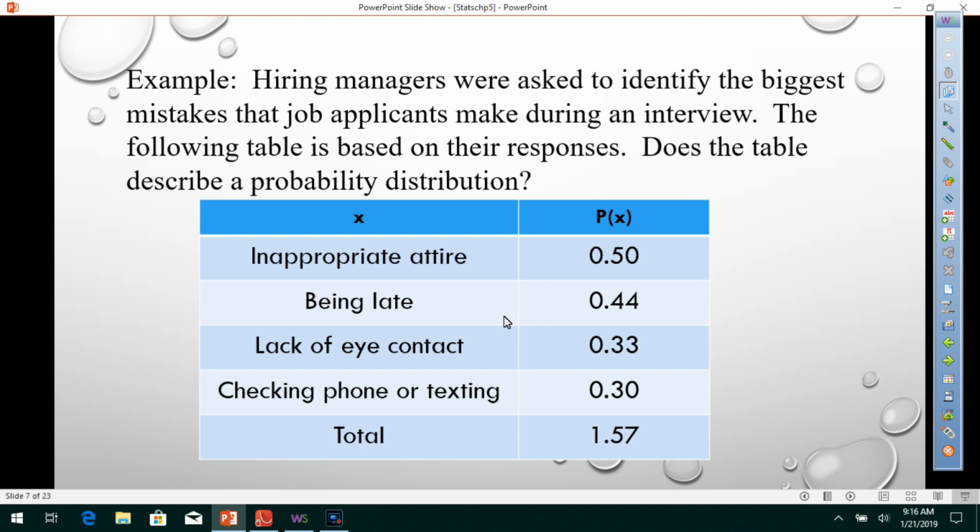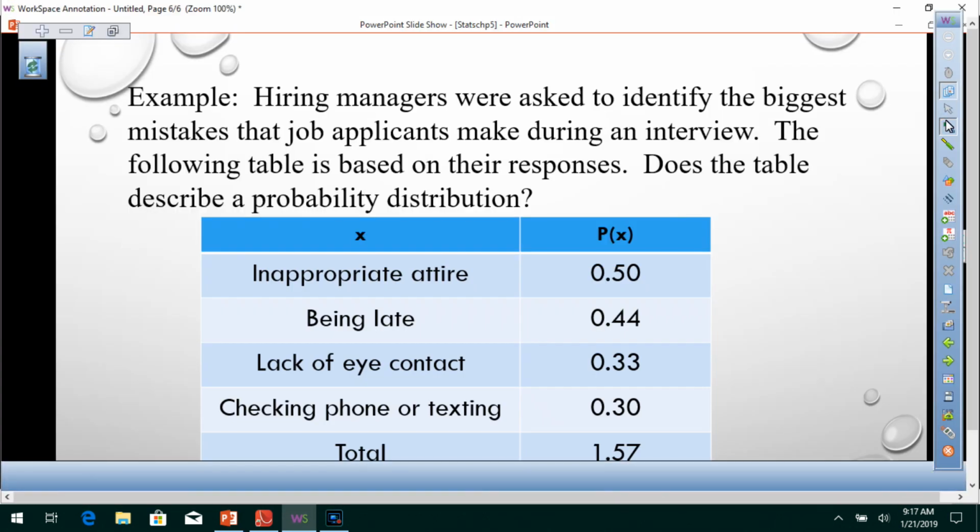Example: hiring managers were asked to identify the biggest mistakes that job applicants make during an interview. The following table is based on responses. Does this table describe a probability distribution? What would you say? Well, let's see.